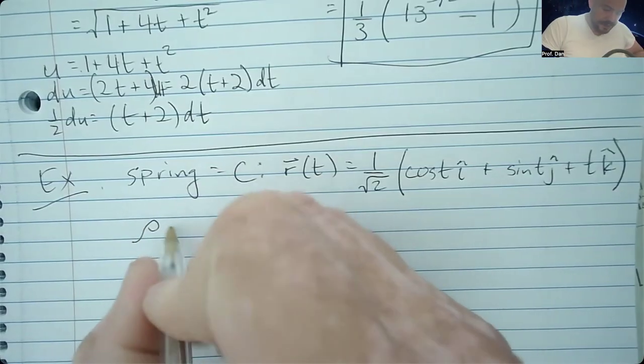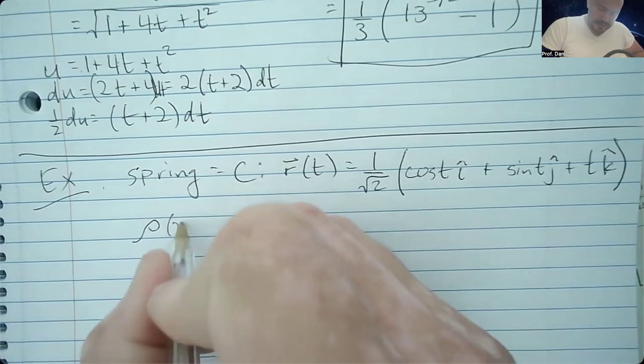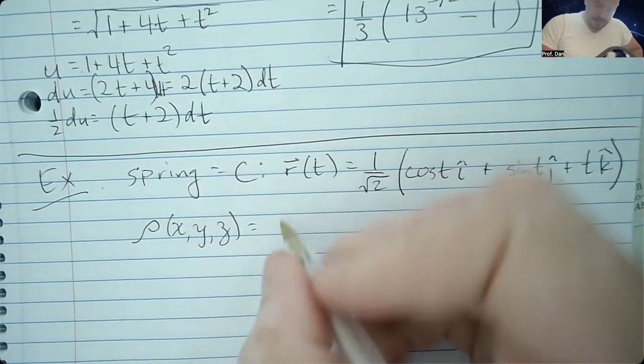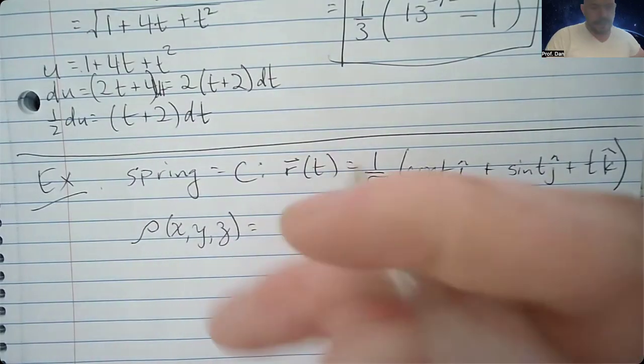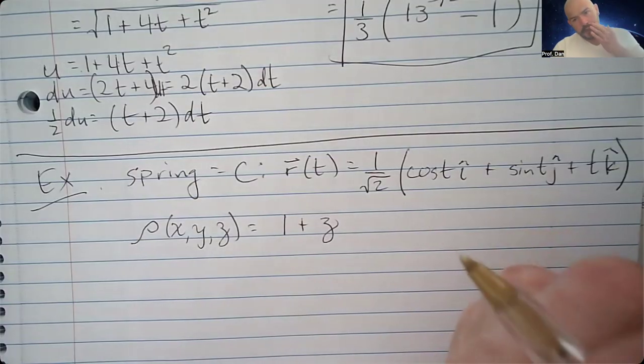So we're told in this problem that our density as a function of x, y, and z is equal to 1 plus z. All right.